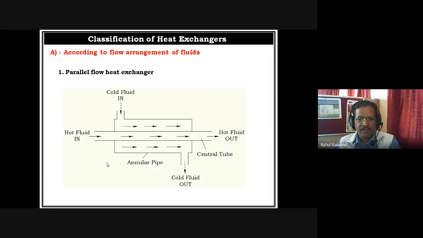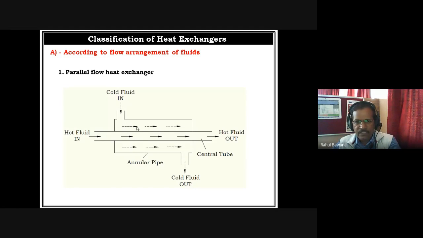In a parallel flow heat exchanger, as the schematic shows, suppose this is a hot fluid passing through this inner tube from left to right, and there is one shell where cold fluid comes in and travels along the length of this tube.